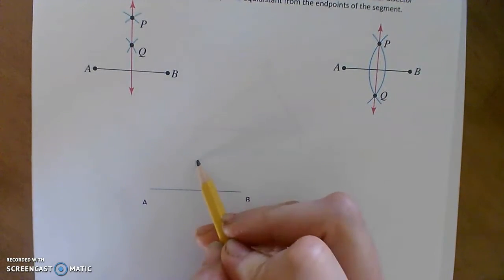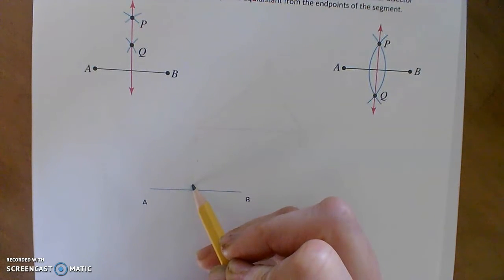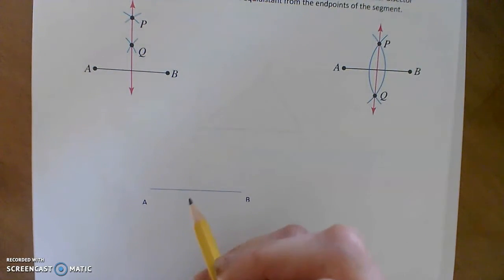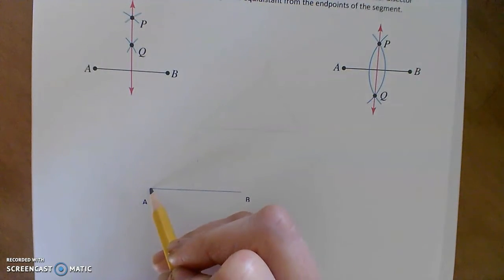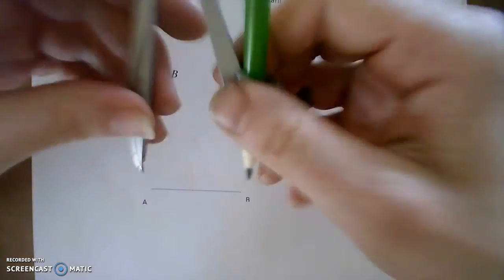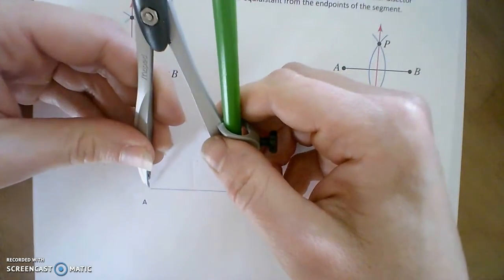Basically what I'm going to be doing in order to construct a perpendicular bisector is I'll draw in two isosceles triangles where AB is the base of that triangle. So imagine that AB is one side of the triangle.